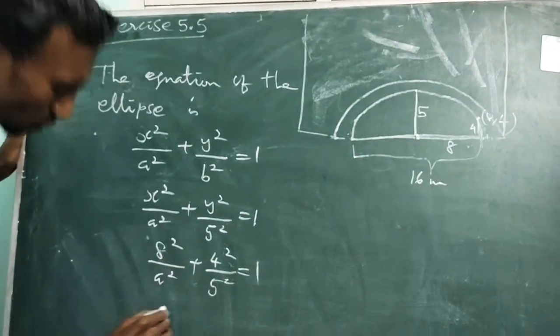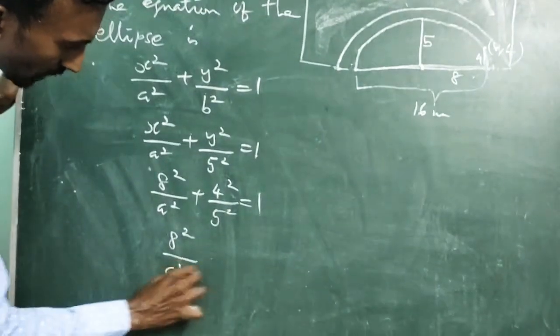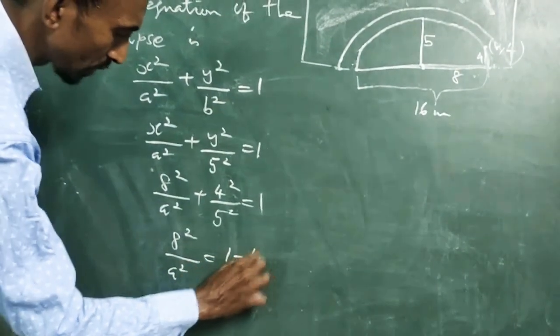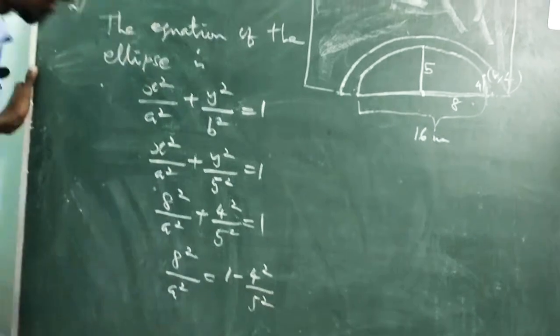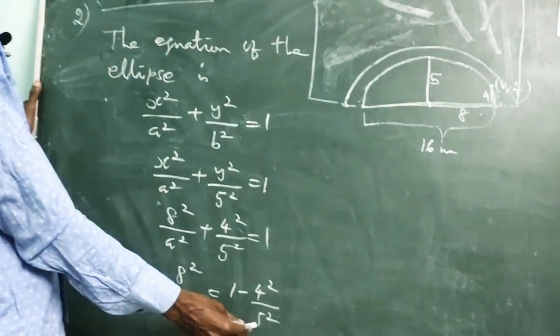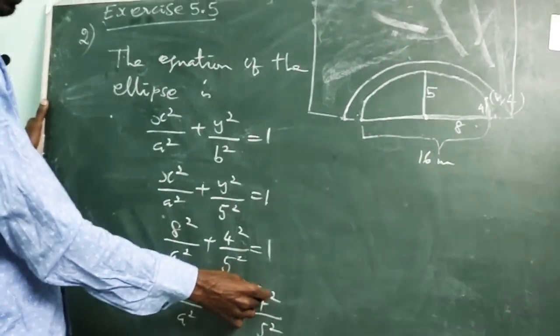So 8 square by a square equal to 1 minus 4 square by 5 square. 5 square is 25, 4 square is 16.